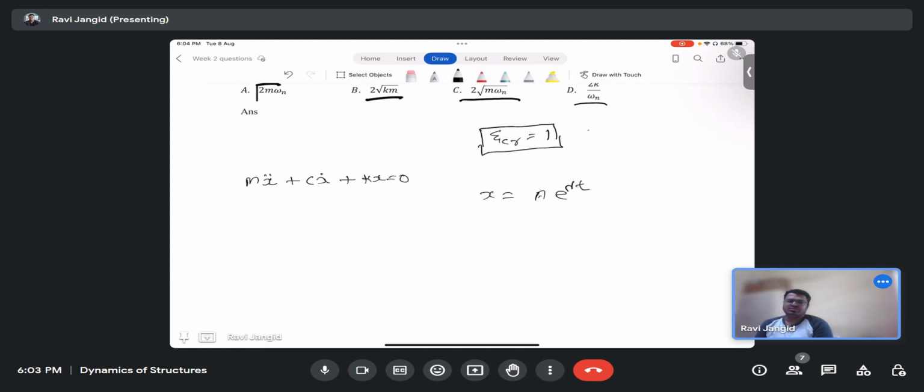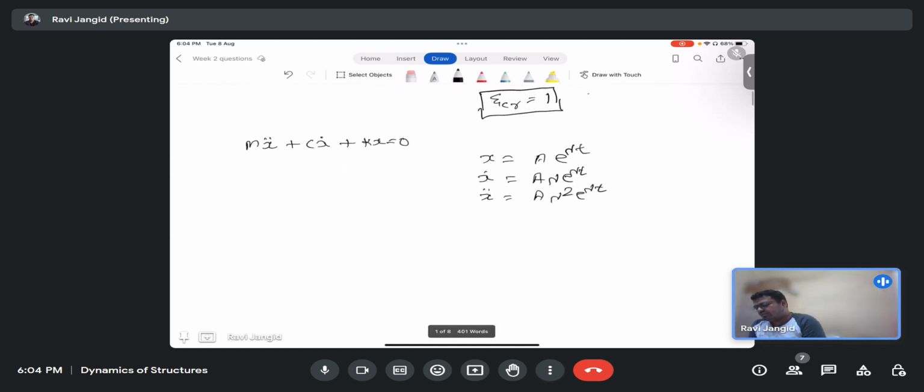Then x dot is a lambda e lambda t, and x double dot is a lambda square e lambda t.